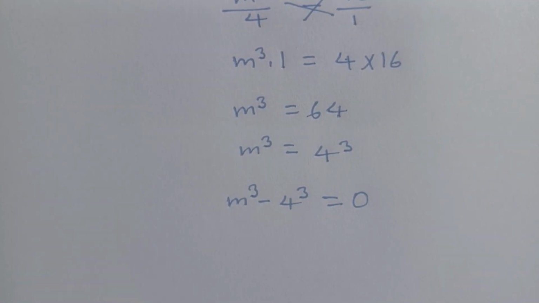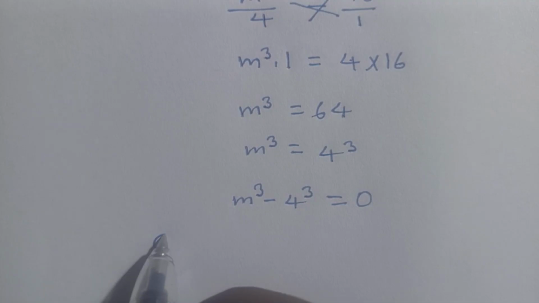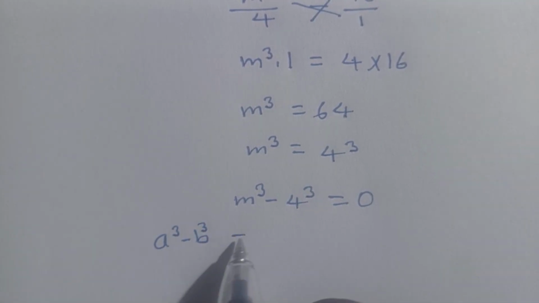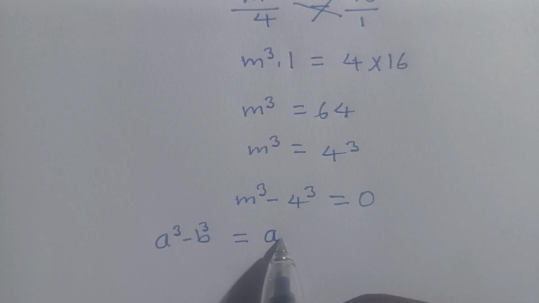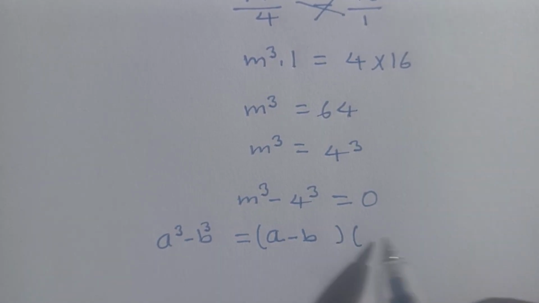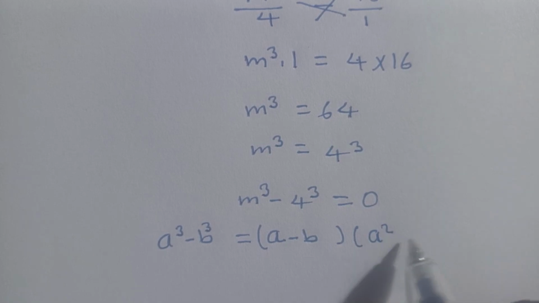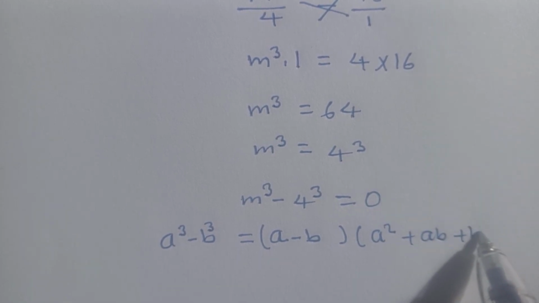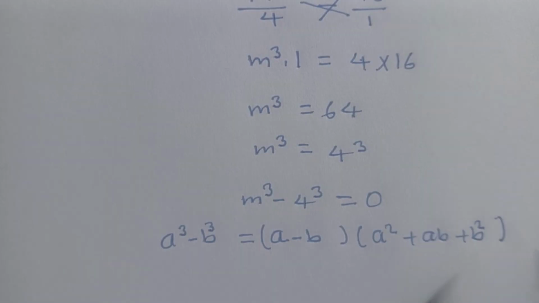From this equation, using a cubed minus b cubed gives us a minus b times a square plus ab plus b square.